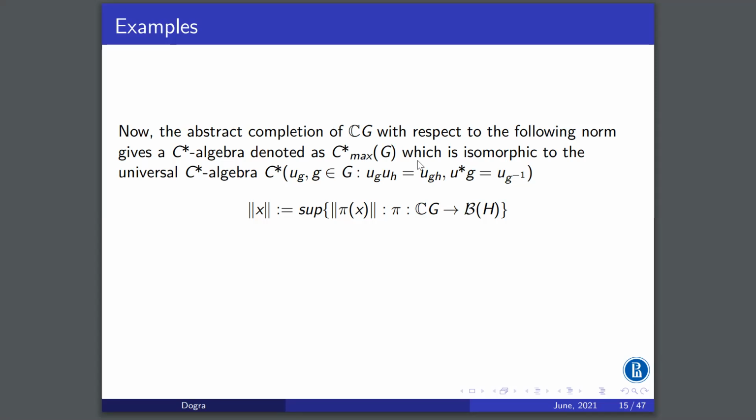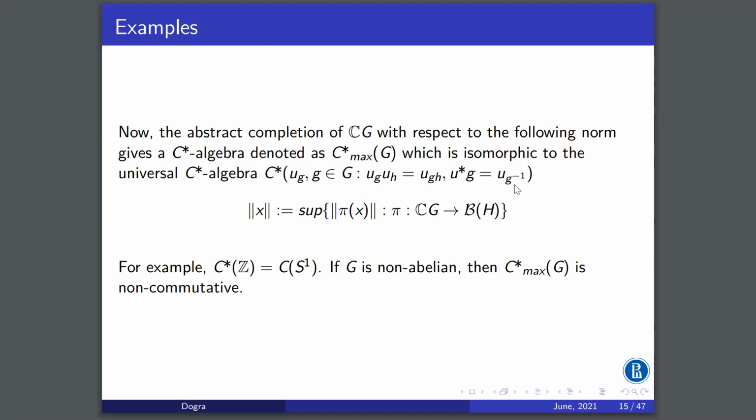This space C star max is isomorphic to the universal C star algebra given by these generators UG, where g belongs to the discrete group G that we started with. The multiplication of these two generators is given as this, and the involution is given, I think this needs to be in the subscript. Yeah, so the involution is given by its action with respect to the inverse of the element.